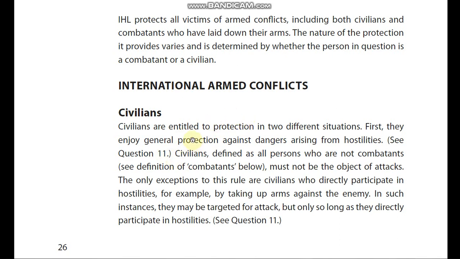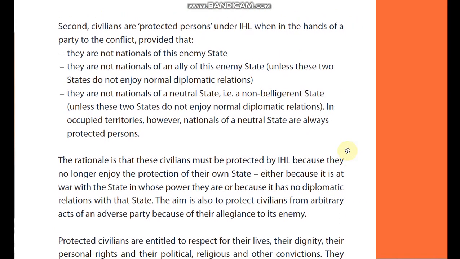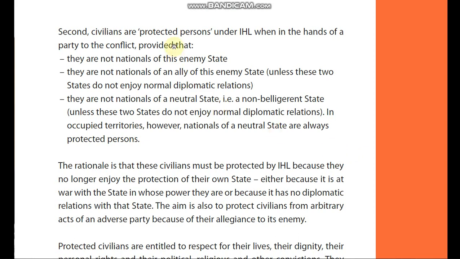So they have a general protection against any act of hostilities, and they also have a specific protection under IHL when they are in the hands of a party to the conflict or the enemy. But one of these conditions must be met in order to say that they have special protection.